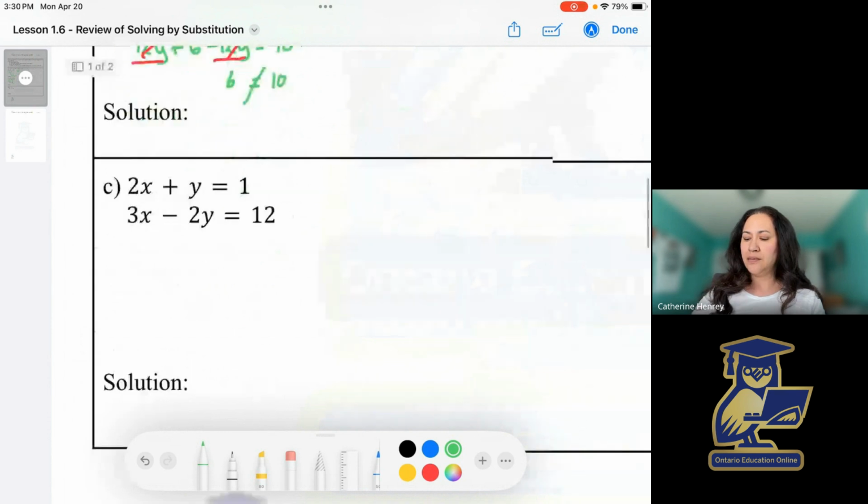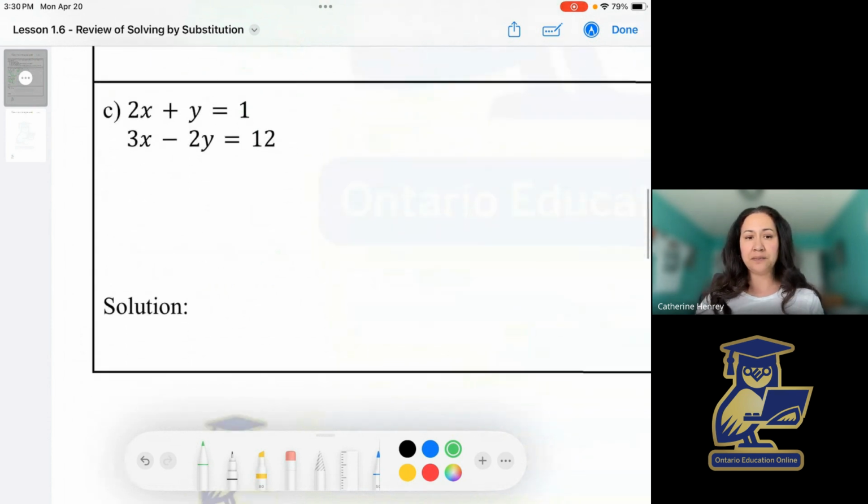All right, let's take a look at C. So here we don't actually have one of the equations solved for a particular variable. The first one is 2x plus y equals 1. The second one is 3x minus 2y equals 12. But what I do notice is that there is a single y in the first equation.